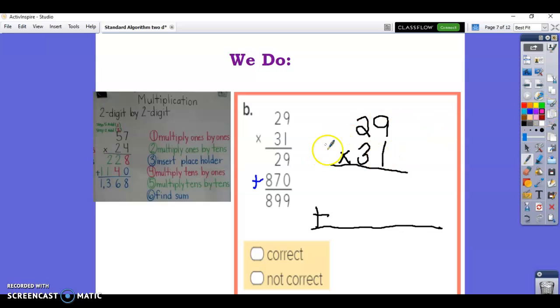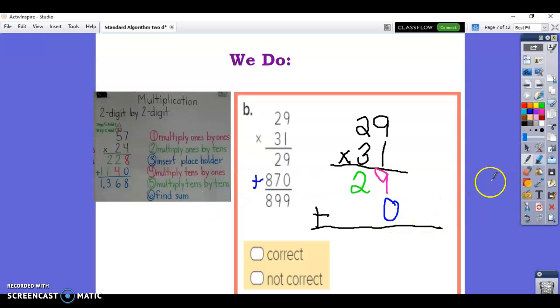Okay, so let's go through our work and see if we have it correct. So you should have 29 times 31. Step 1, multiply ones by ones. So you have 9 and 1, which is 9. Then multiply your ones by your 10. So 2 times 1, which should be a 2. Then we are going to insert our place value holder, which is a 0.